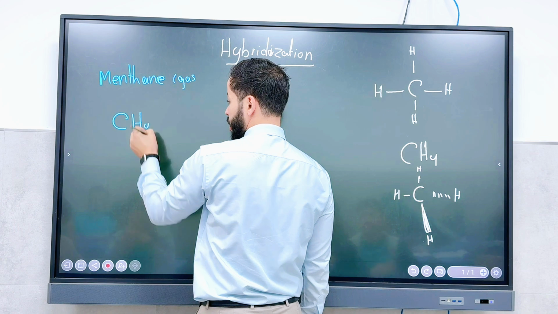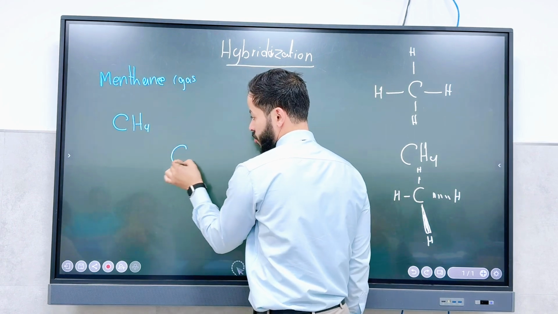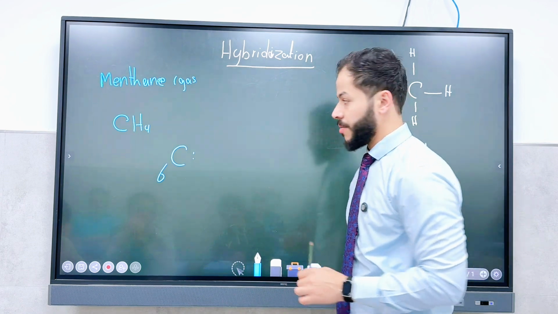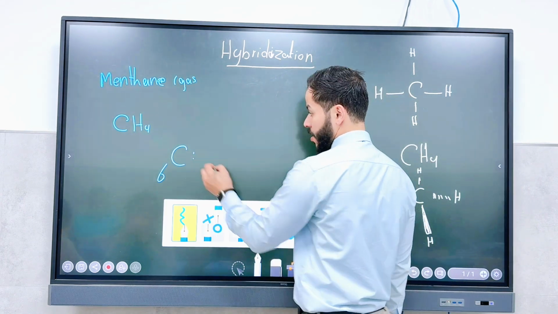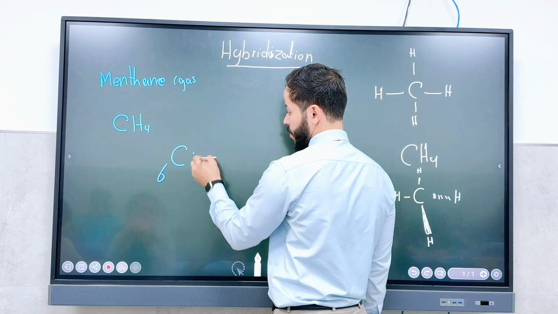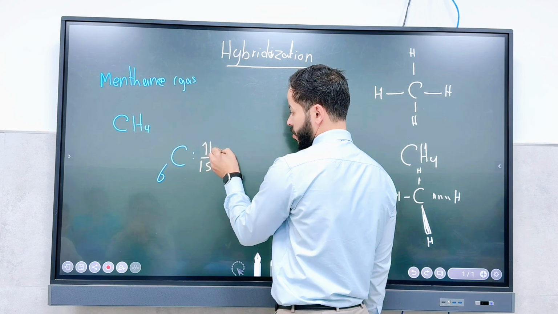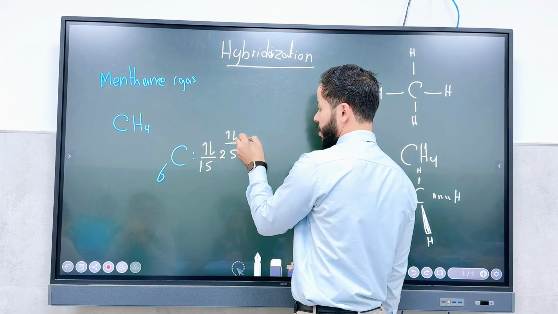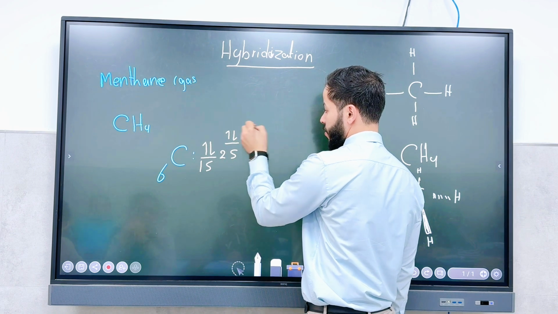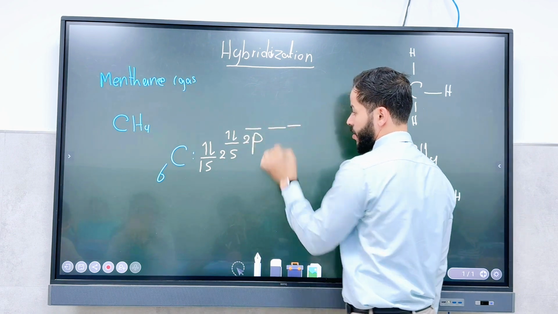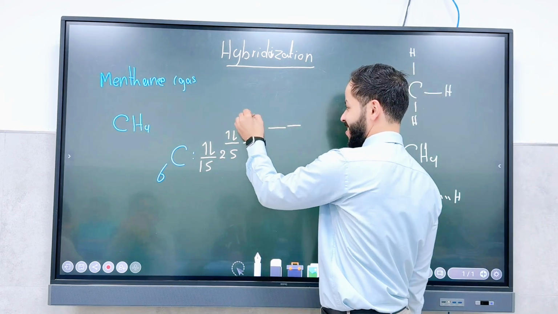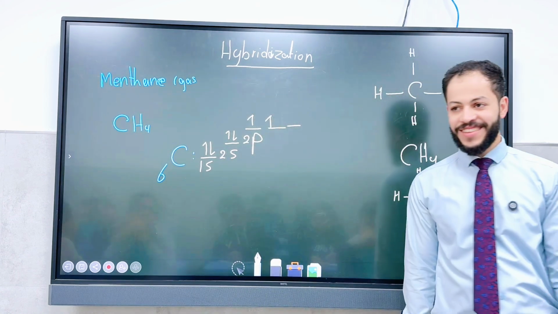CH4. If we write the electronic configuration for carbon, which has atomic number 6, what is the first orbital, guys? 1s. How many electrons? 2. 2s. How many electrons? 2. Then 2p. How many electrons? 2.